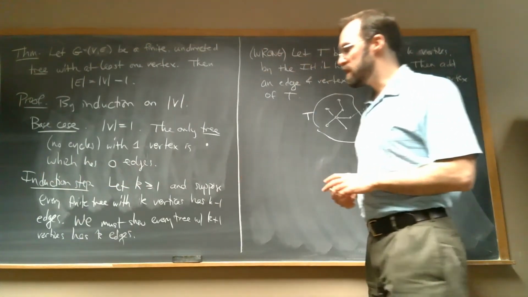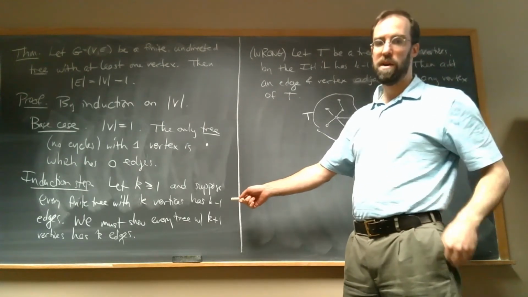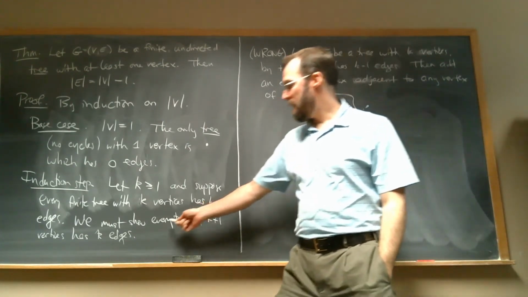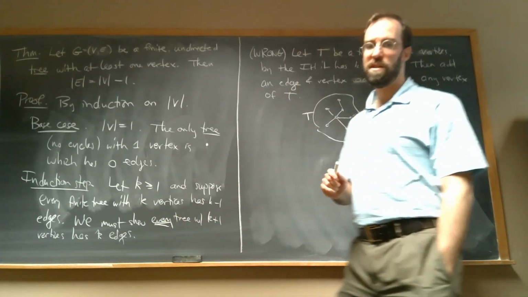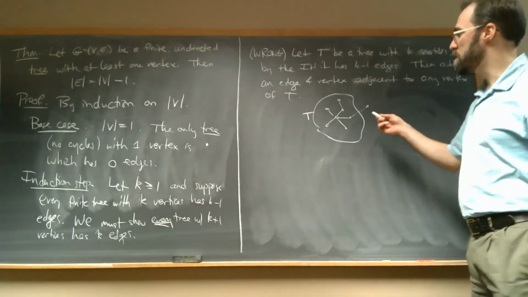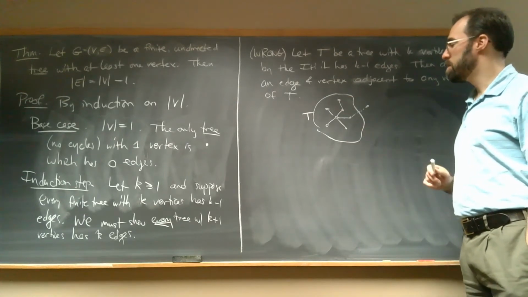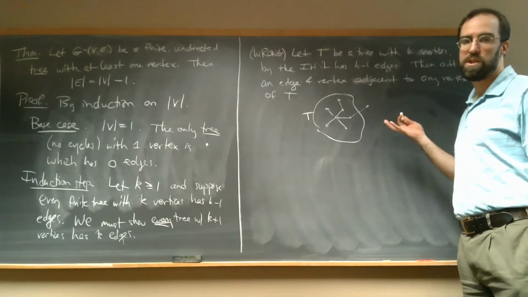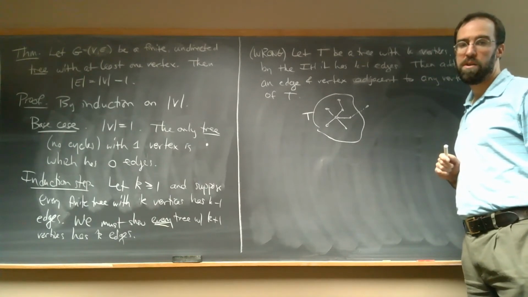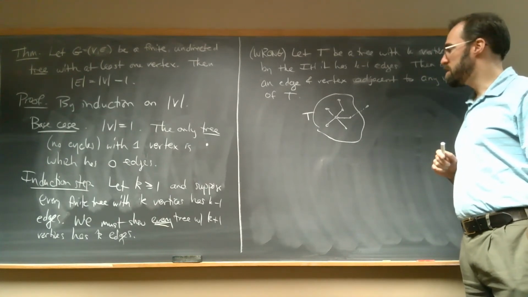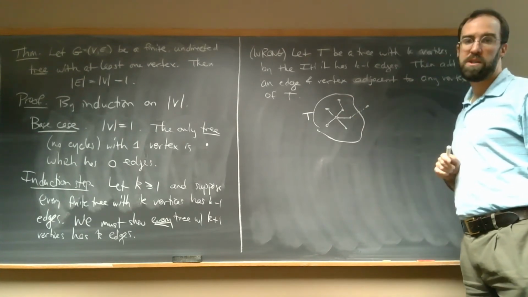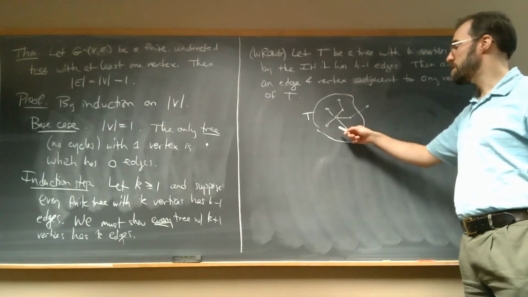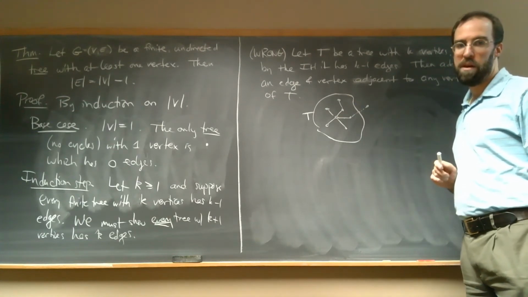The problem is that it doesn't actually show what we wanted to show, because we wanted to show that every tree with k plus 1 vertices has k edges. And all we did here is show that if we start with a tree with k vertices, we can construct some particular tree with k plus 1 vertices. In particular, we don't know whether it's possible to get all the possible trees with k plus 1 vertices by starting with a tree like this and adding something to it.